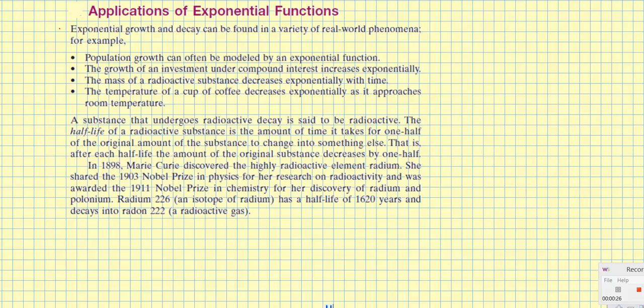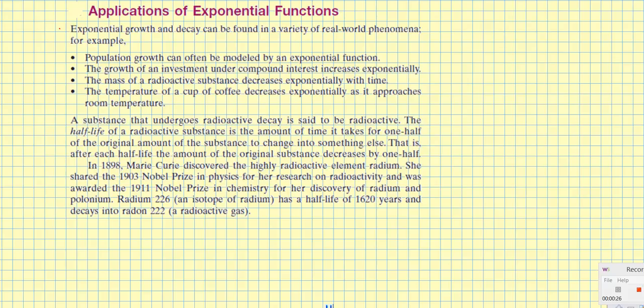They are extremely useful in that some of the real-world phenomena in which we can find exponential functions, such as growth and decay, would be something along the lines of population growth. We could be looking at compound interest in finance. So that's something that we'll be looking at in the next lesson. We could be looking at radioactive substances that are decreasing exponentially as we look at the half-life, and I mentioned this in class as well.